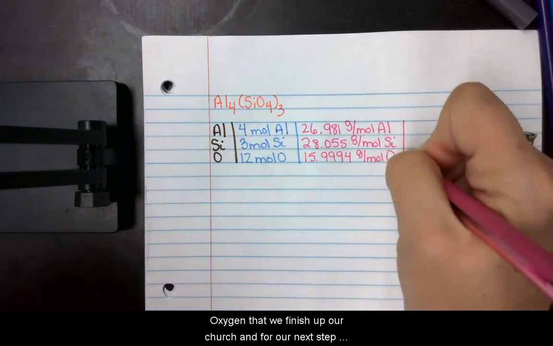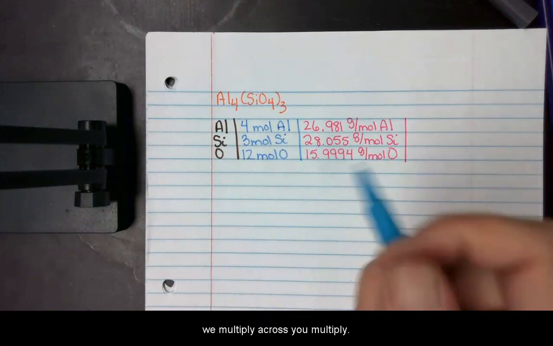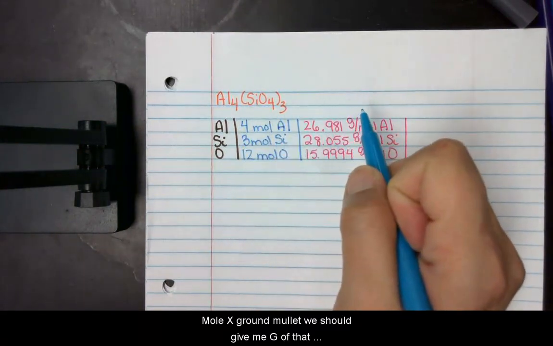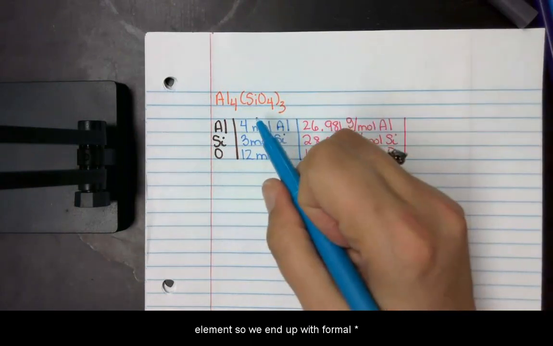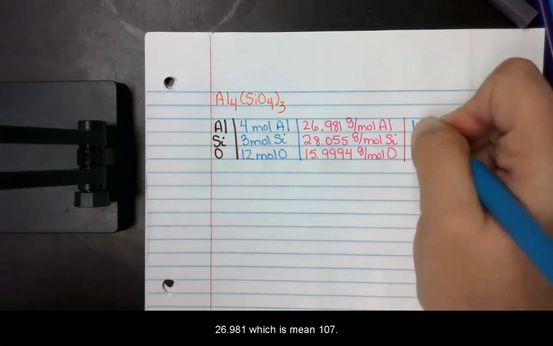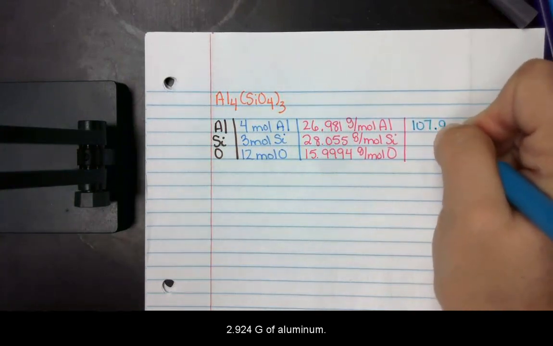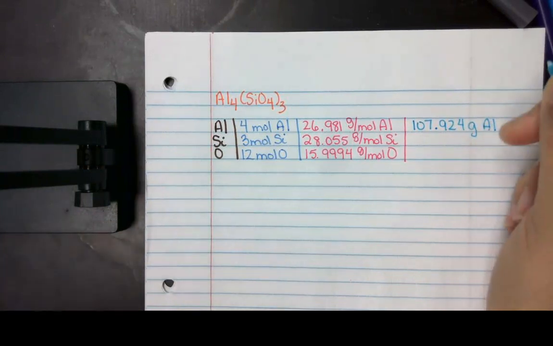Then we finish up our chart. And for our next step, we multiply across. We multiply mole times grams per mole, which gives me grams of that element. So we end up with 4 mole times 26.981, which gives me 107.924 grams of aluminum.